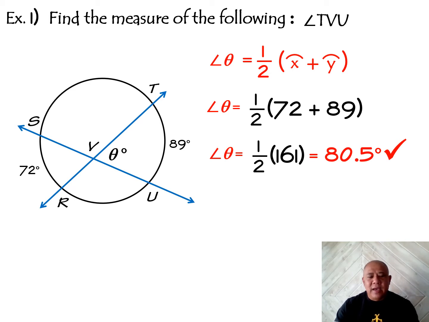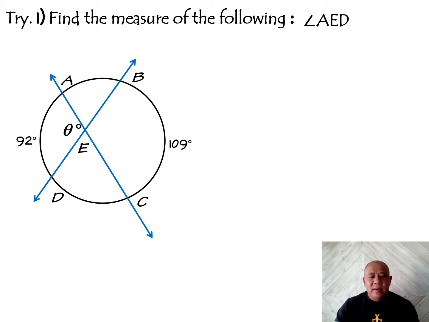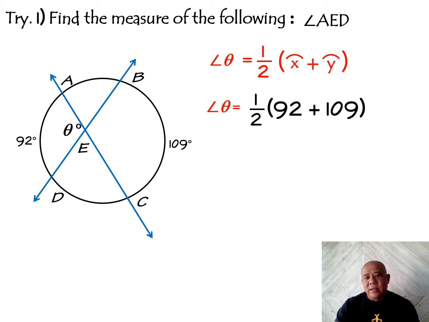So let's go ahead and look at try 1. Here's try 1. Again, we're looking for the angle AED, which is theta. And theta is equal to half the sum of the two arcs. And again, the arc on the left is 92 plus the arc on the right, which is 109.